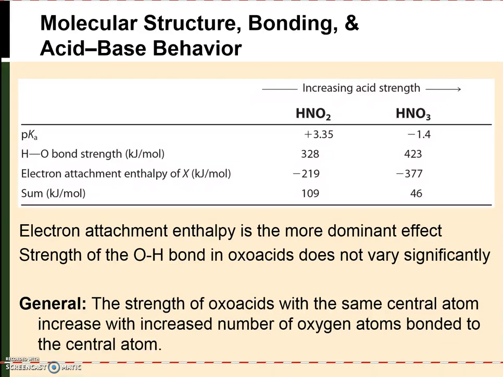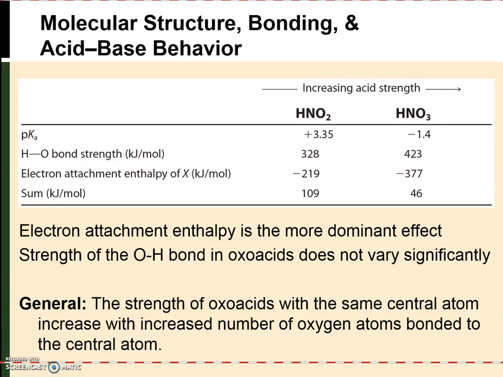If we think about an oxygen atom, it's one of the most electronegative atoms. The only thing that's more electronegative than it would be fluorine. And so if an oxygen atom is bonded to the central nitrogen atom, it's removing electron density from this nitrogen atom, which in turn removes electron density from the OH group that is also bonded to the nitrogen atom. Having more oxygen atoms is going to increase this effect.